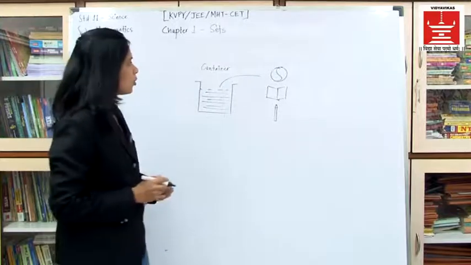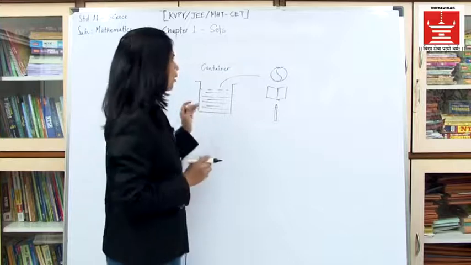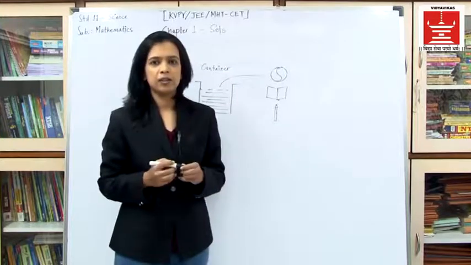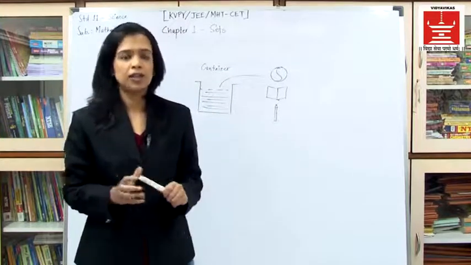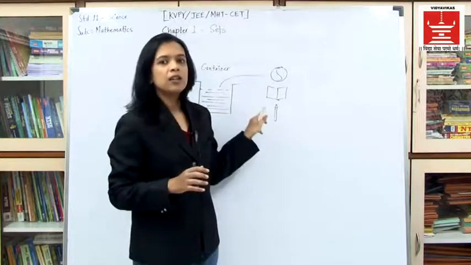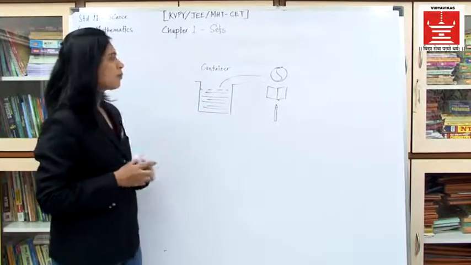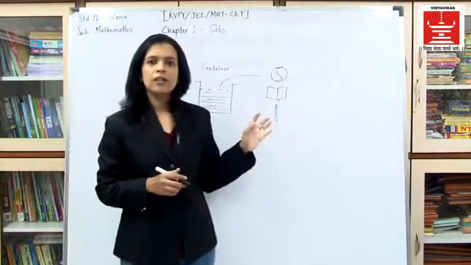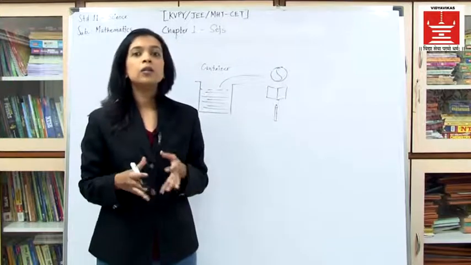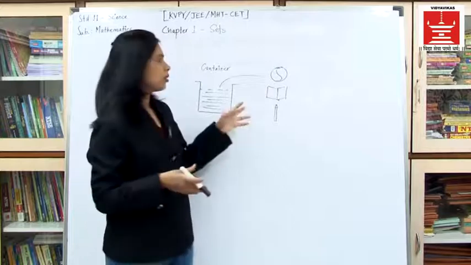Okay, so how do we define what is inside this container? There are different kinds of objects, things. There is a ball, there is a book, there is a pencil. So you can say the things required by a schoolgoer. Okay, so we often play on ground, so there is a ball.